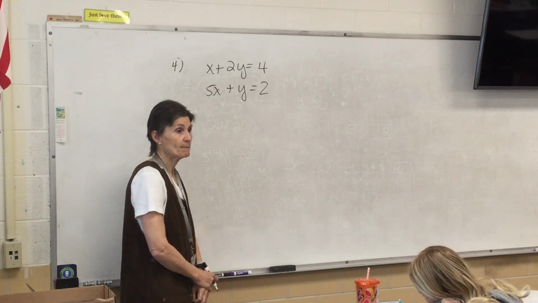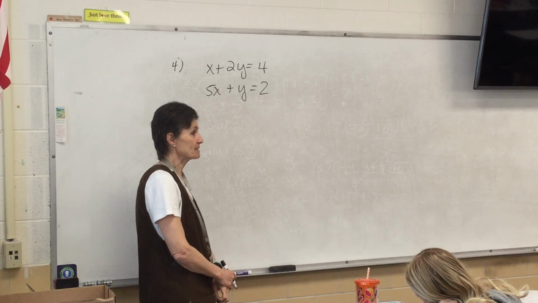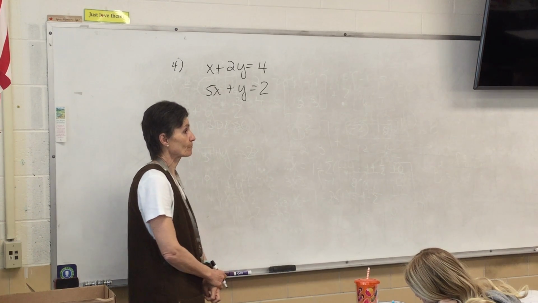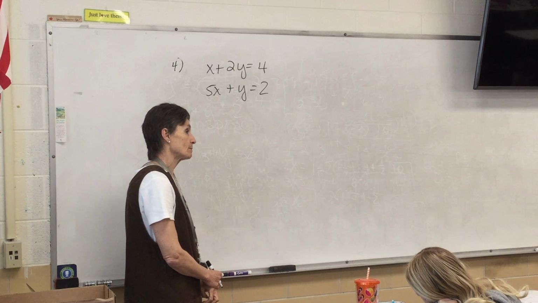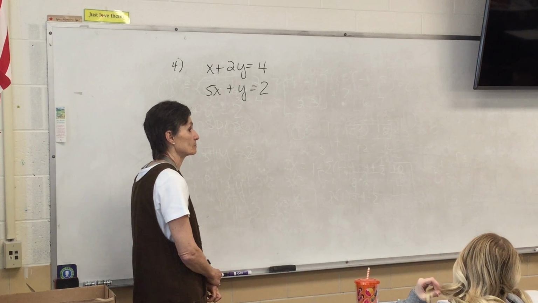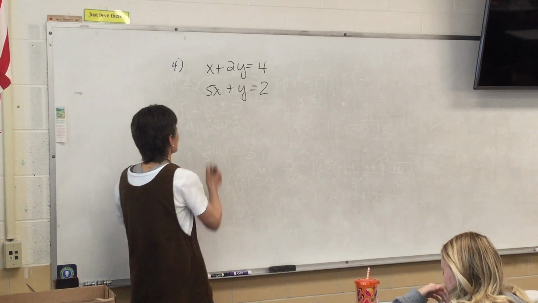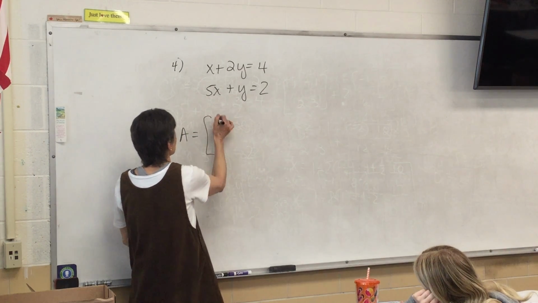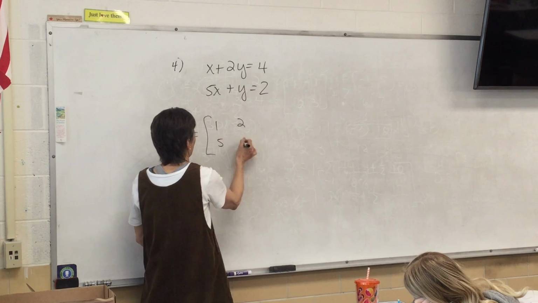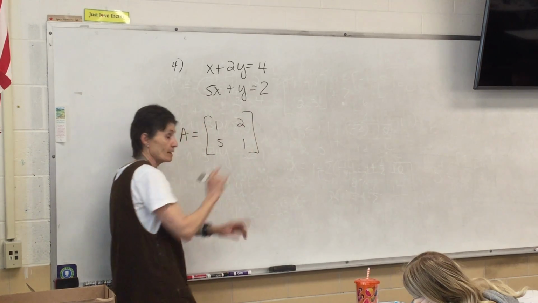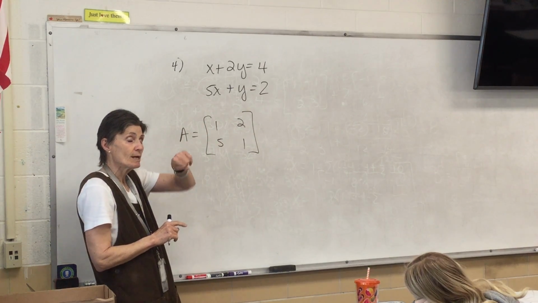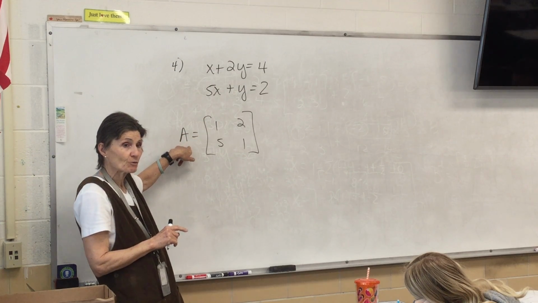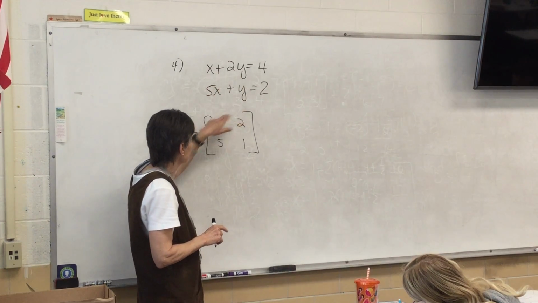All right, does anybody remember what happens here? You put the matrix, like 1, 2, 5, 1. Okay, so I'll call it A, and it's 1, 2, 5, 1. In other words, I'm making a matrix out of the coefficients.